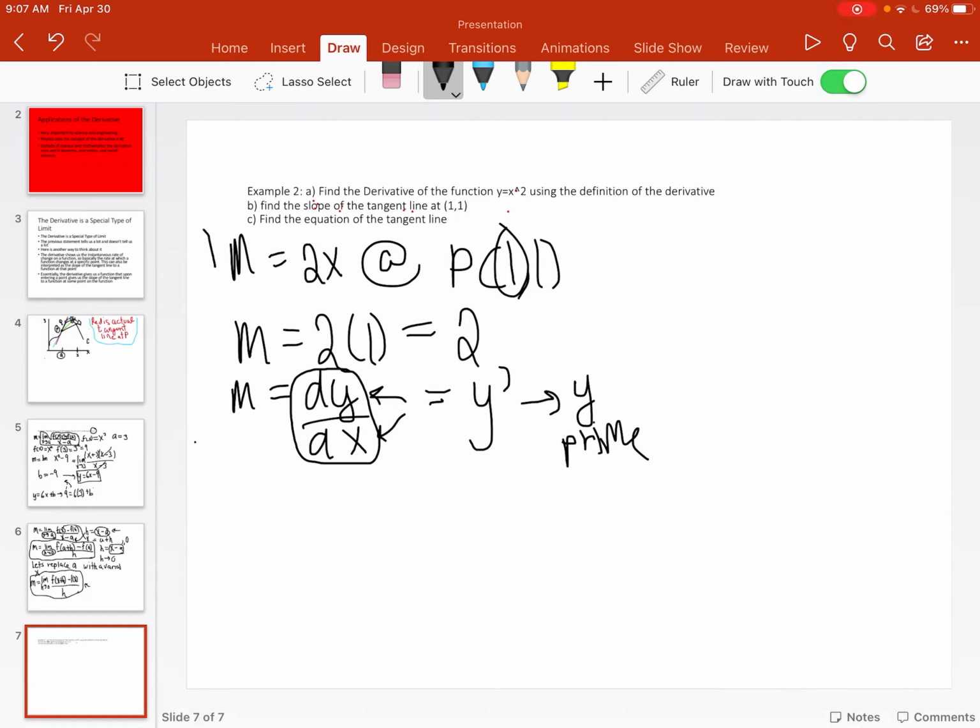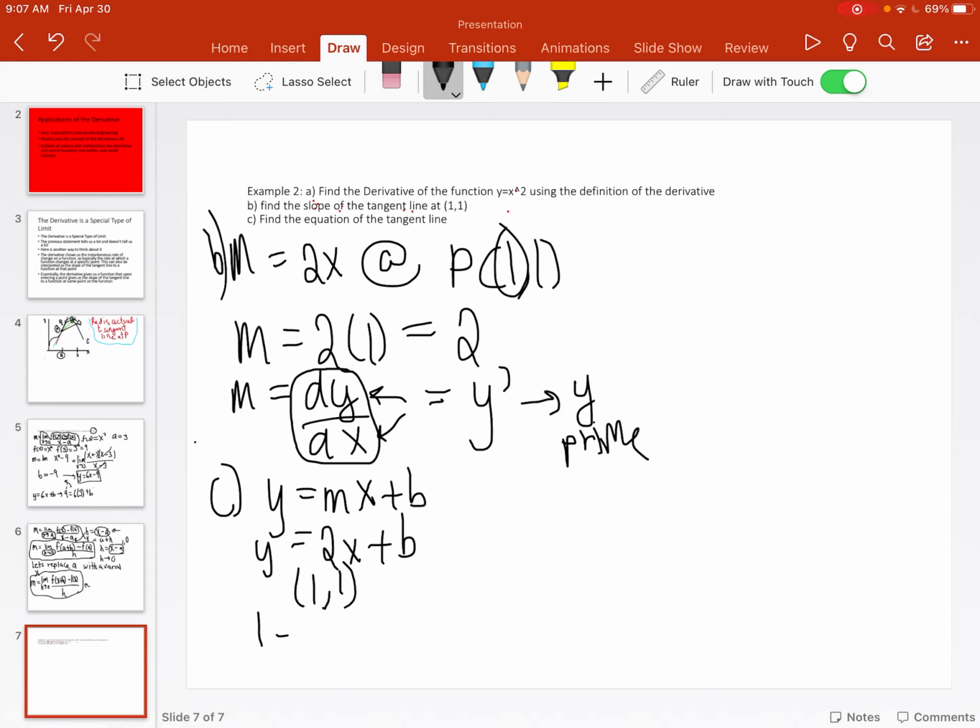Okay, so this is our part B. Let's go into our part C. So remember, what is the equation of a line? Well, it's y equals mx plus b. What's our m here? Well, let's plug that in. We got 2x plus b, and we got a point, (1, 1).